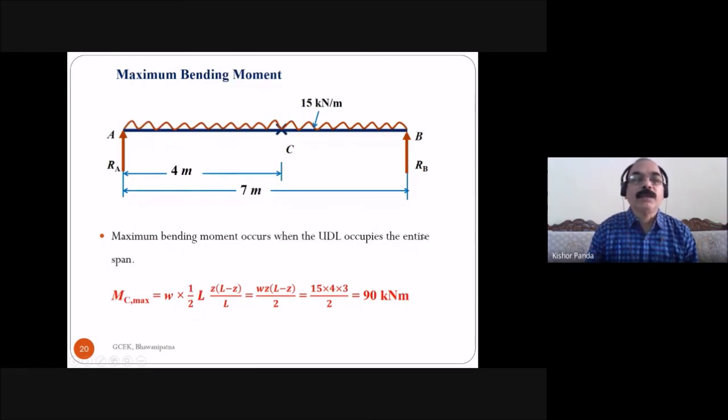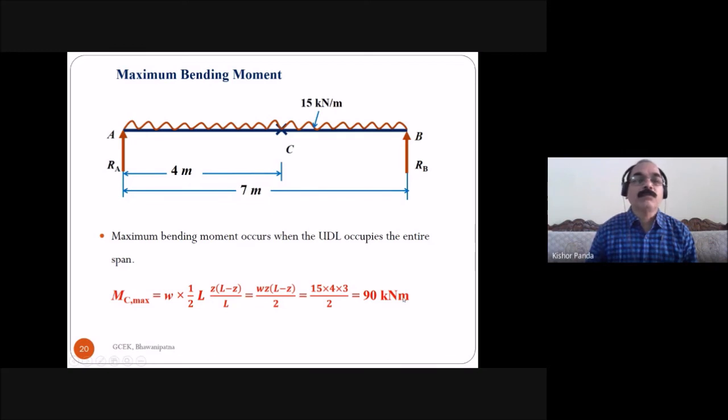Then find out the maximum bending moment. You know the maximum bending moment will occur when the UDL occupies the entire span. In that case you will get the maximum bending moment at the section C. So Mc max is equal to W into half into Z into (L minus Z) by L, which is equal to W Z (L minus Z) by 2. 15 into 4 into 3 divided by 2 is equal to 90 kilonewton meter.